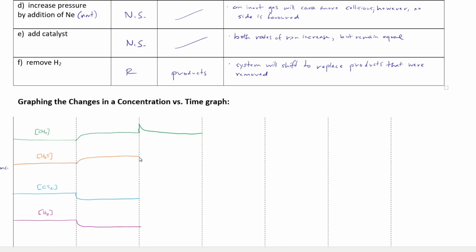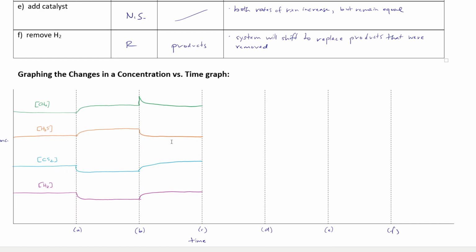H2S will decrease because it gets reacted alongside the CH4. CS2, on the other hand, will increase in concentration because as CH4 and H2S react, carbon disulfide increases in concentration, and H2 will also increase in concentration and flatten out. By the time they get to these dotted lines, they really should be straight lines. So using a ruler is quite paramount here.